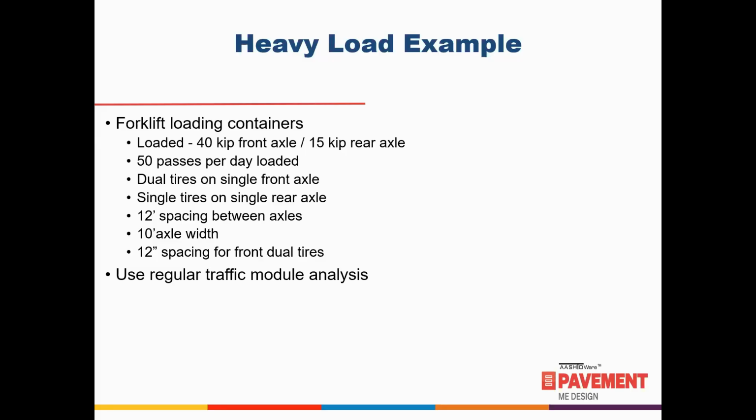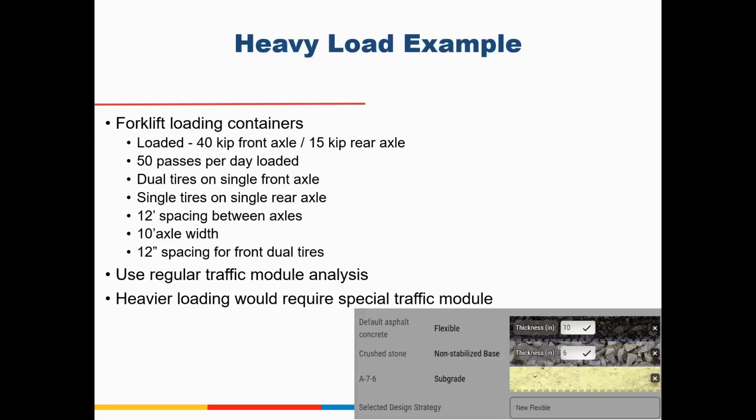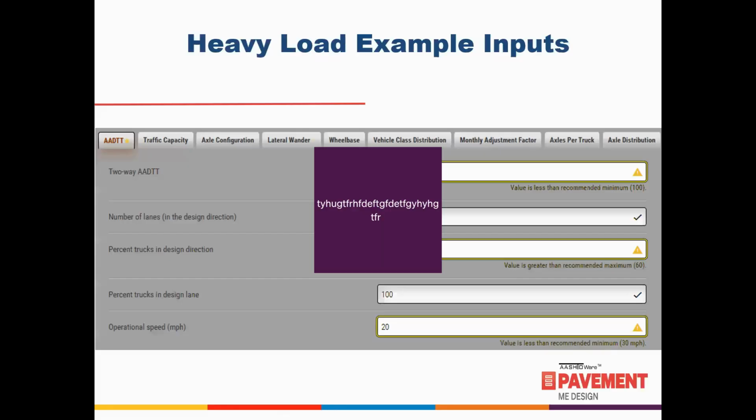I mentioned before that the maximum axle weight is 41,000, and here we're using 40,000. If we went with heavier loading, we'd probably have to use the special traffic module. As for the structure, we're going to assume 10 inches of asphalt on a 6-inch crushed stone base on a clay subgrade.